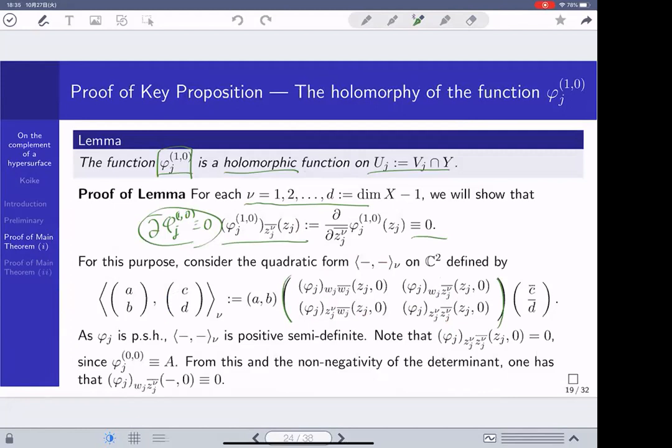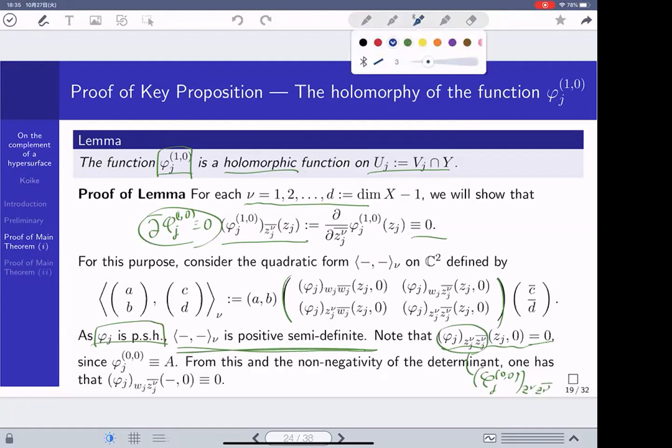So it is clear that this quadratic form, a Hermitian form, is positive semi-definite because phi j is pre-subharmonic. And note that it is equal to 0 because the leading term of this function is phi j00 z nu z nu bar, but we have shown that it is just a constant. So it is equal to 0 if we restrict it to Y.